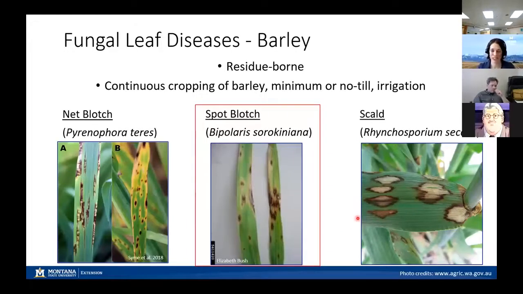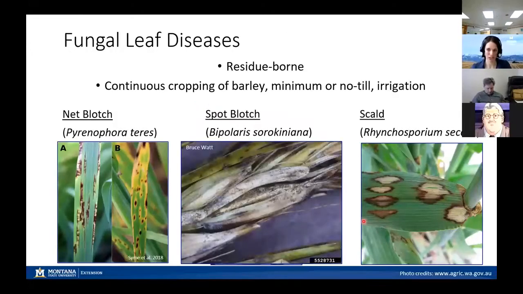And there is a third disease that is commonly observed, which we call scald, which is very characteristic in its appearance of these almost see-through lesions that are surrounded by a dark brown margin. And then, as I mentioned before, all of these foliar pathogens can cause glume blotch on your grain if conditions are favorable.